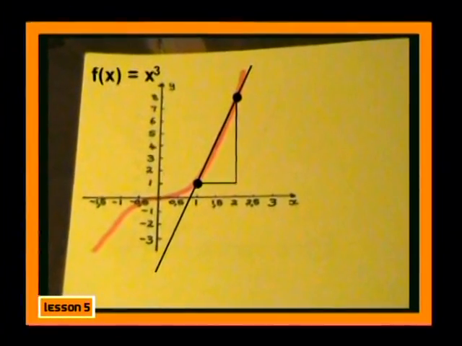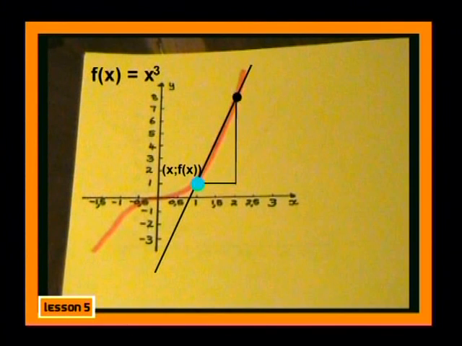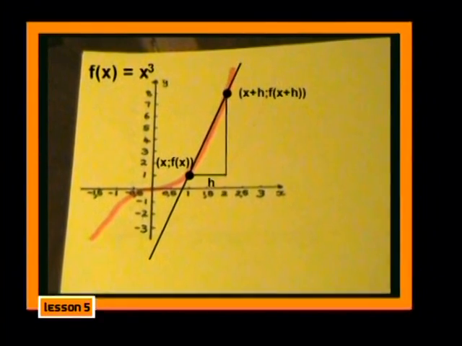I have set up the gradient relationship in exactly the same way that I did for the function f of x equals x squared. See, here's the point x, f of x. Again, I have called the horizontal change h, which makes the other point x plus h, f of x plus h.